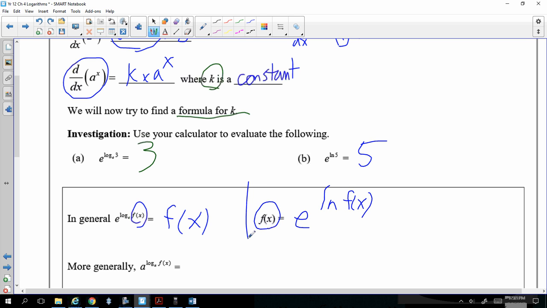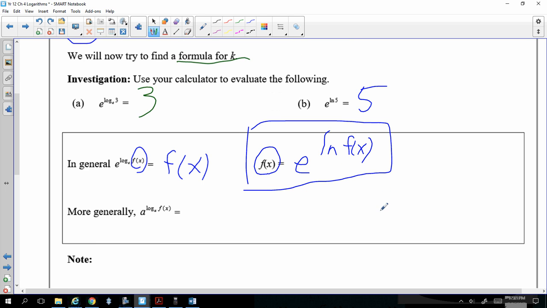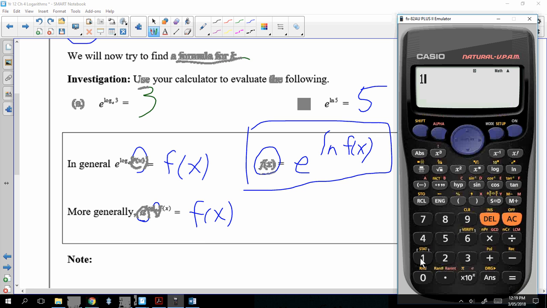Does it have to involve e? No, it doesn't have to. If your base is a, then your log has to be base a. For example, if I do 10 to the power of log 5, it will give you 5. However, if you use ln with 10, it doesn't work.